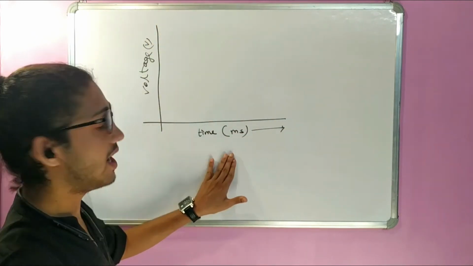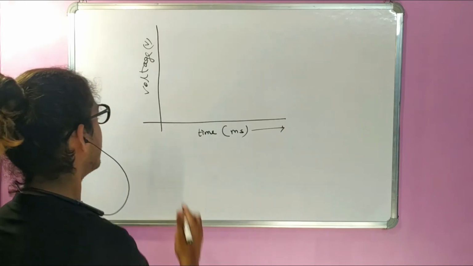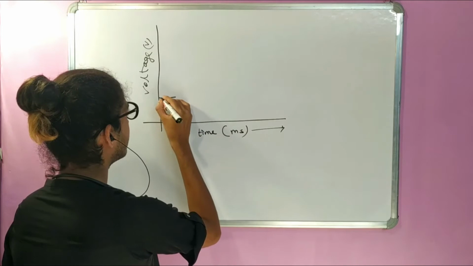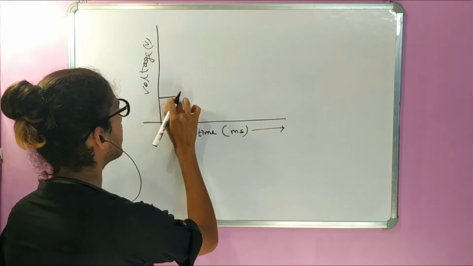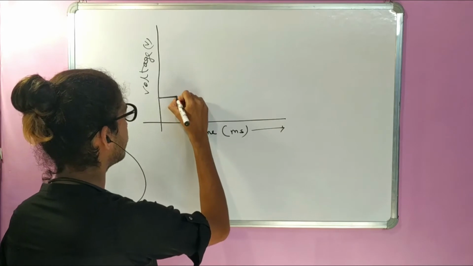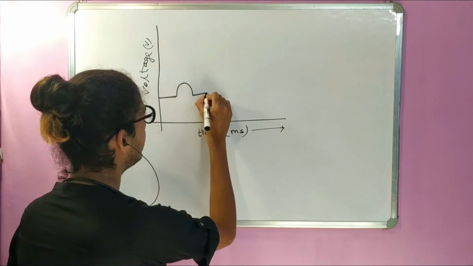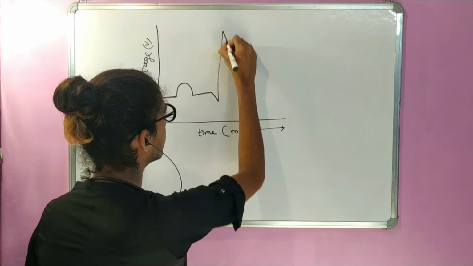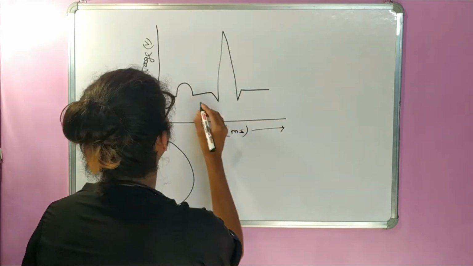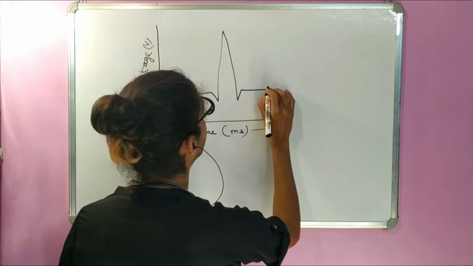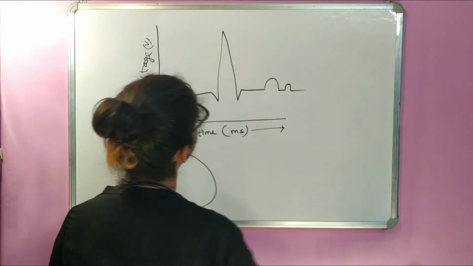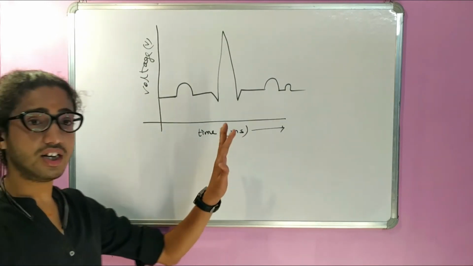Okay, now let's start. The electrical activity of the heart produces a typical curve which somewhat looks like this. Okay, and then you have the U wave. So it exactly looks like this.